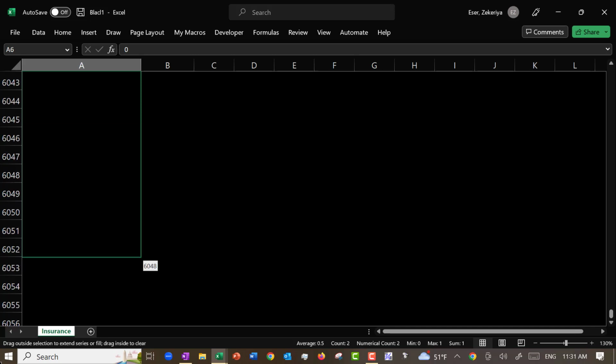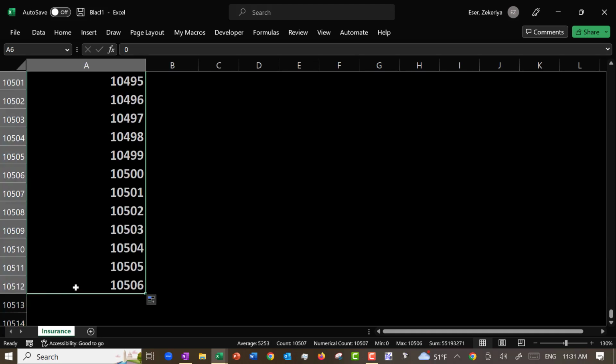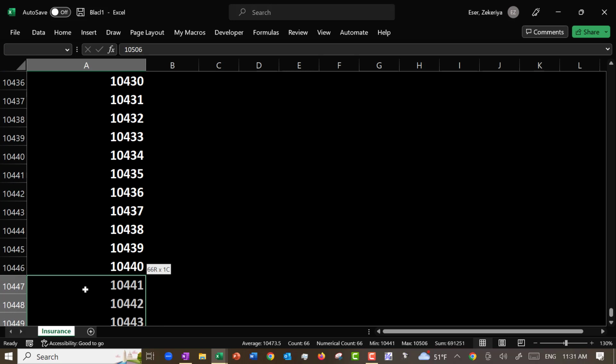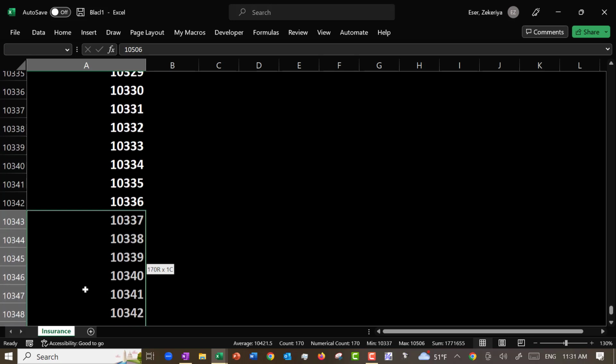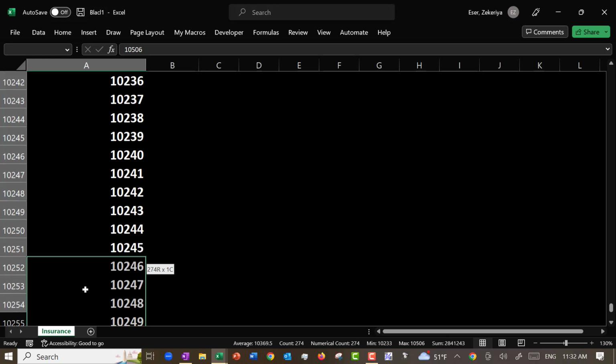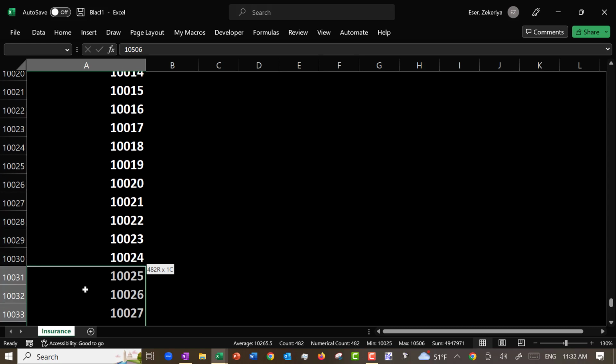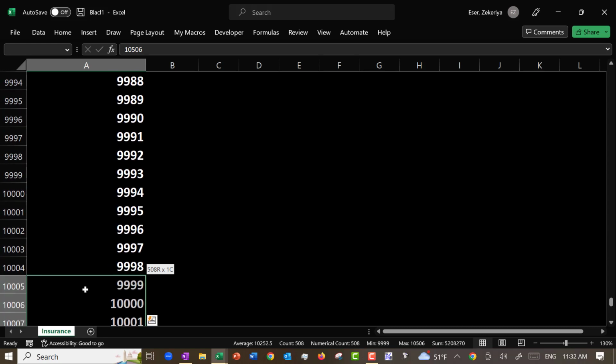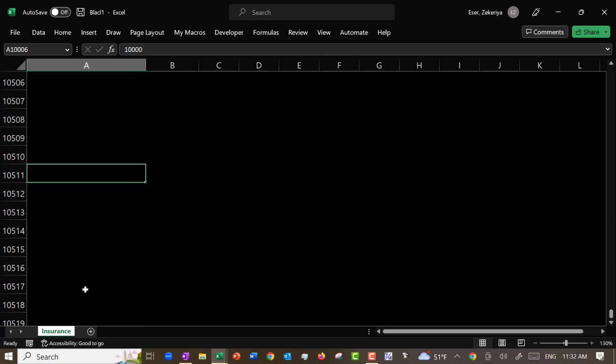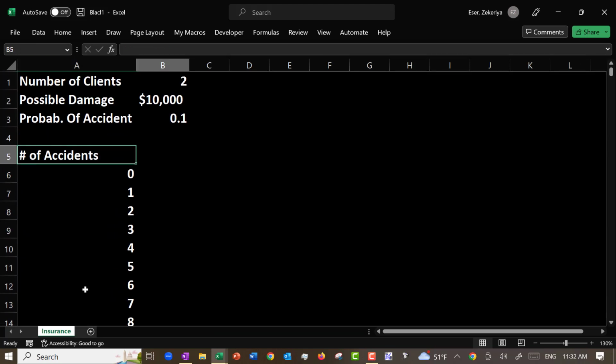That's considered a pretty large pool for insurance purposes.